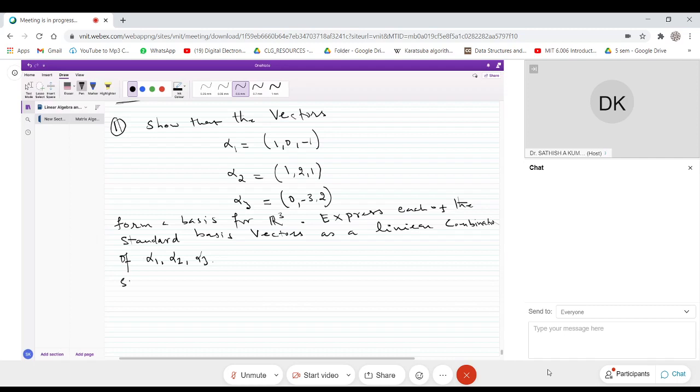Each vector can be expressed as a linear combination of these vectors, so that will form a basis. We have already shown linear independence in a different way. Now we are going to use the matrix approach.